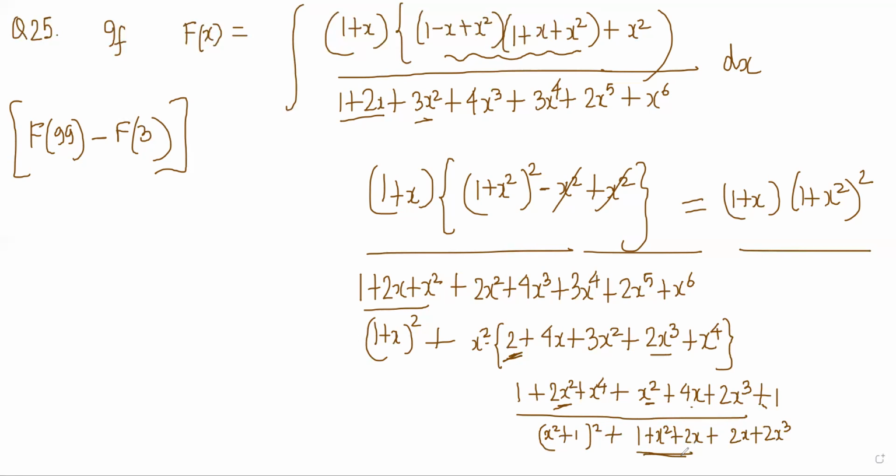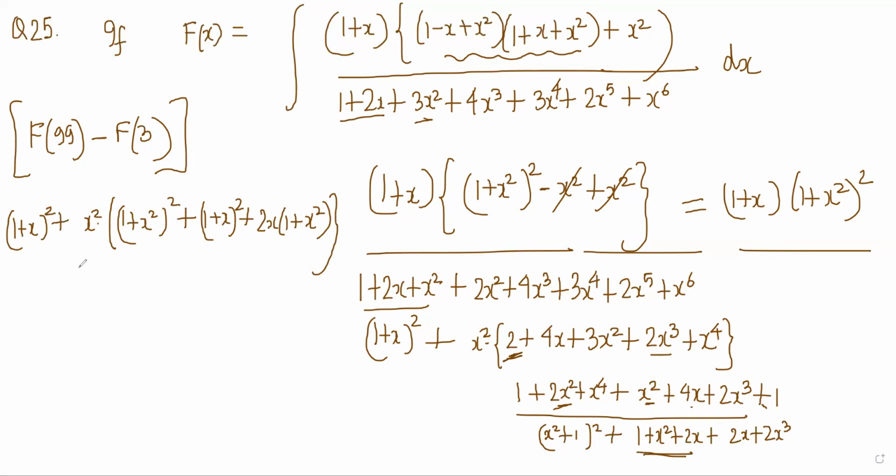So what I'm getting here in the denominator is 1 plus x whole square plus x square into 1 plus x square whole square plus 1 plus x whole square plus 2x 1 plus x square, right?